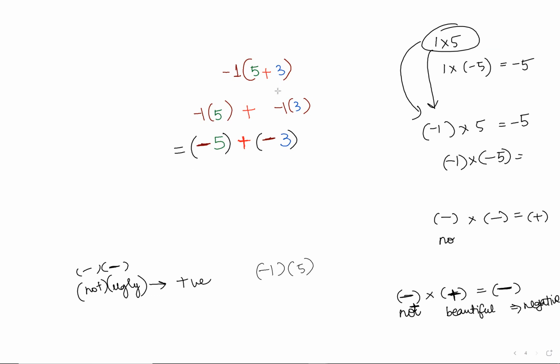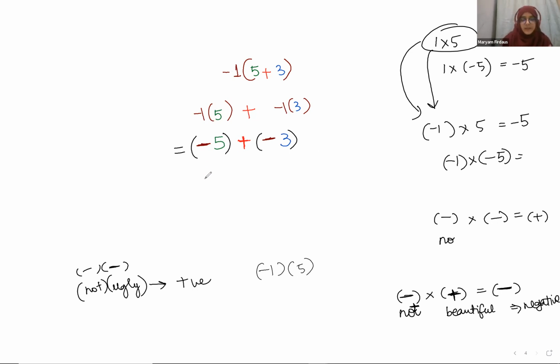I changed the symbols to negative, from minus 5 and plus, I took minus and plus and I changed it to minus. I didn't exactly understand, can you repeat that? I changed minus 5 plus minus 3 into minus 5 minus minus 3. But why will this plus sign suddenly become minus? That's my question.